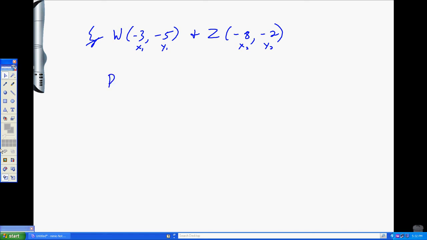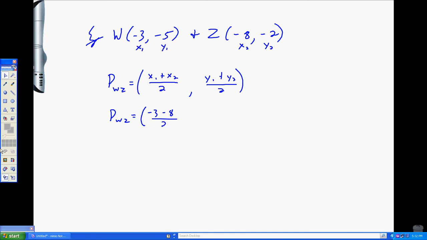The midpoint of any 2 points is the average of the points. So x1 plus x2 divided by 2, y1 plus y2 divided by 2. So the midpoint, here we go: -3 plus a -8, all divided by 2.